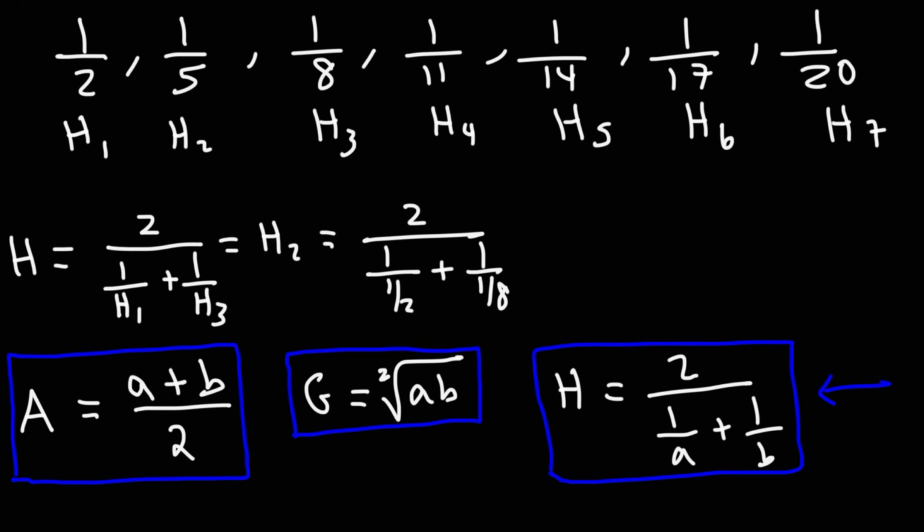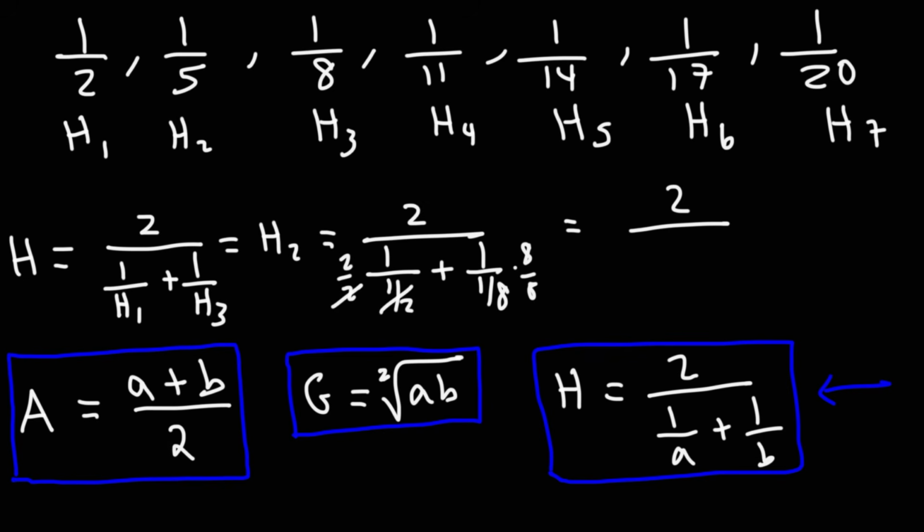So you can plug this in your calculator, or we can use some algebra to simplify it. I'm going to multiply this fraction by 2 over 2. 2 over 2 is 1, so multiplying this fraction by 1 doesn't change the value of that fraction. I'm going to multiply this one by 8 over 8.